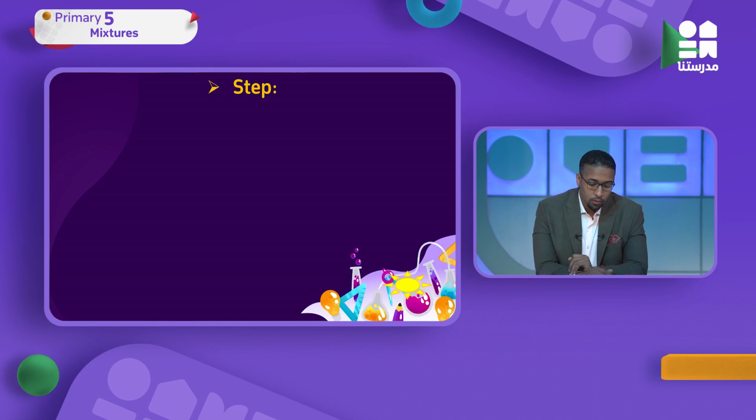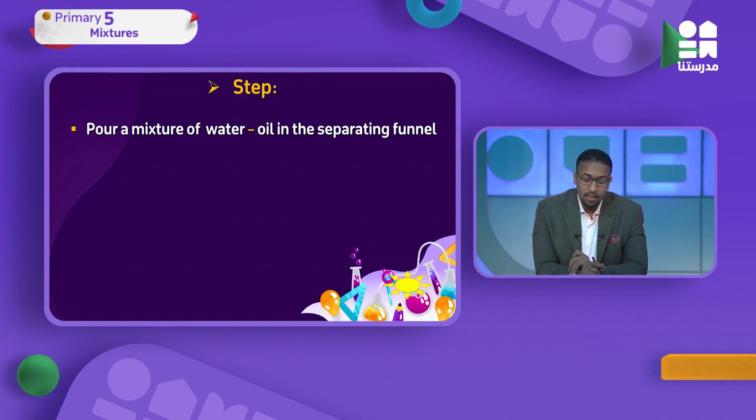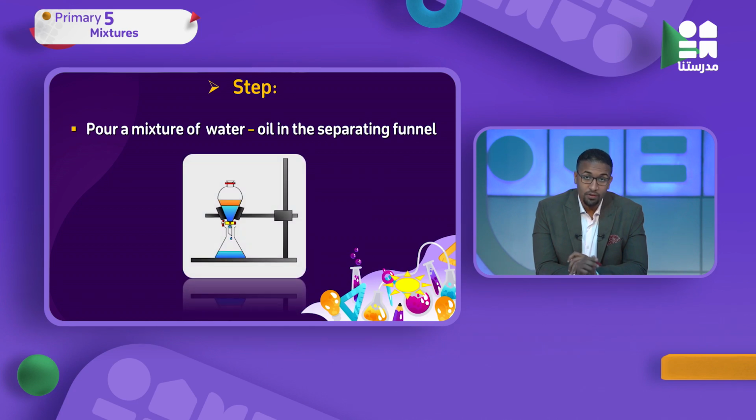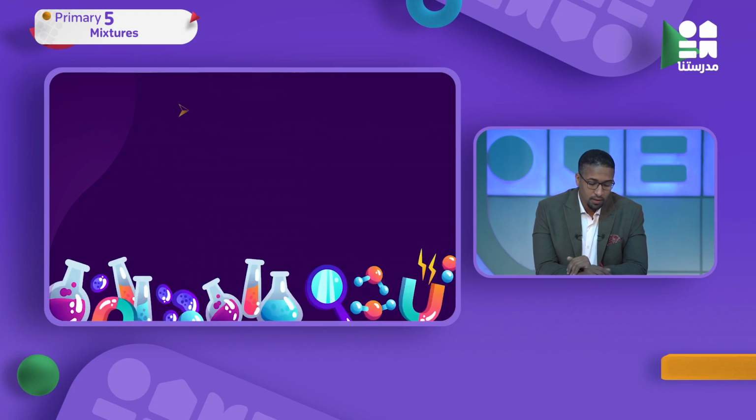So what we will do, we will pour a mixture of water and oil in the separating funnel. We have to notice here, oil does not mix with water. That's why oil will float on water. Observation, we will notice what?